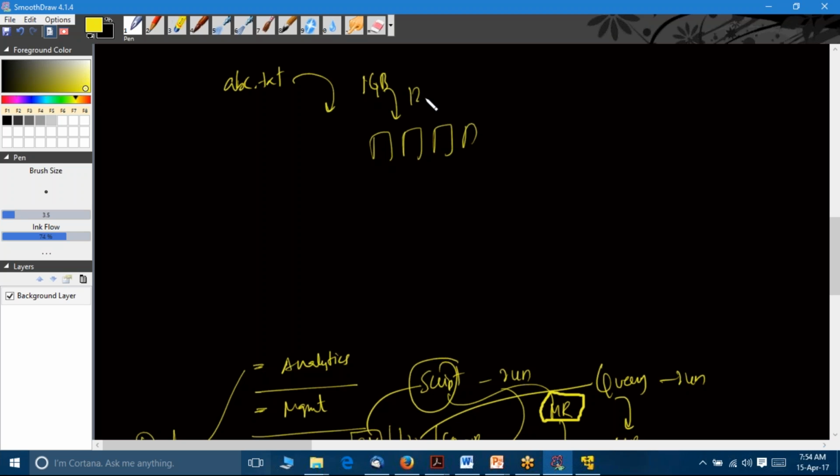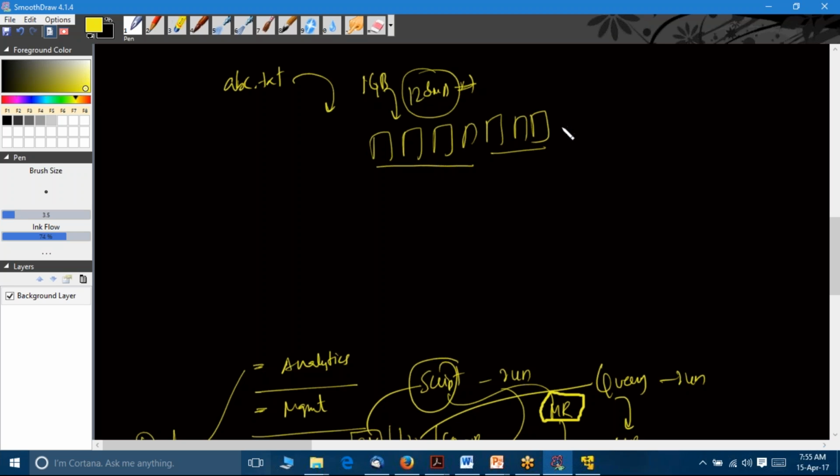If it is 128 MB, into 8 blocks we get. If the block size is 128 MB configured at your cluster, your 1 GB file is uniformly divided into 128 MB blocks, and those will be 8 in number. I hope you are following with me what I'm sharing, friends. So 8 blocks will be there.